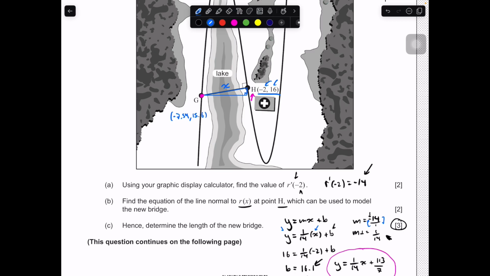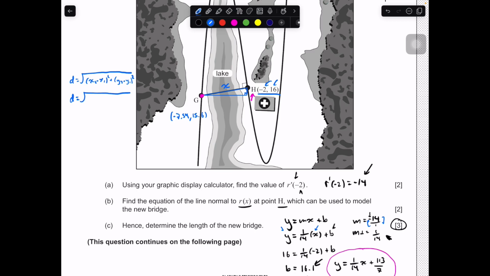Now let's just find the distance. So let's write the distance formula out. Distance is equal to the square root, this is given to you in your formula booklet, x2 minus x1 squared plus y2 minus y1 squared.